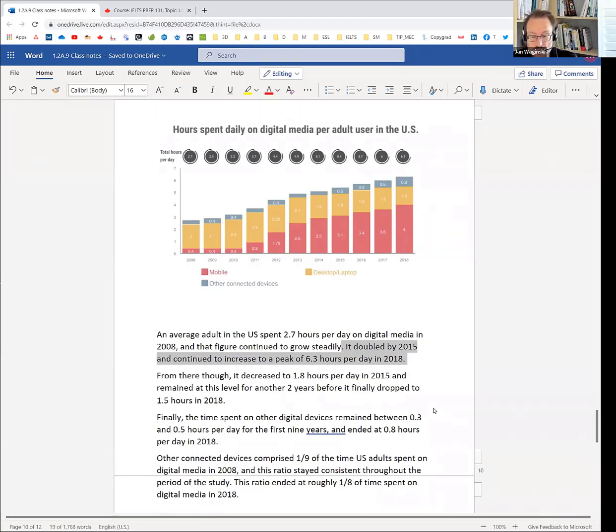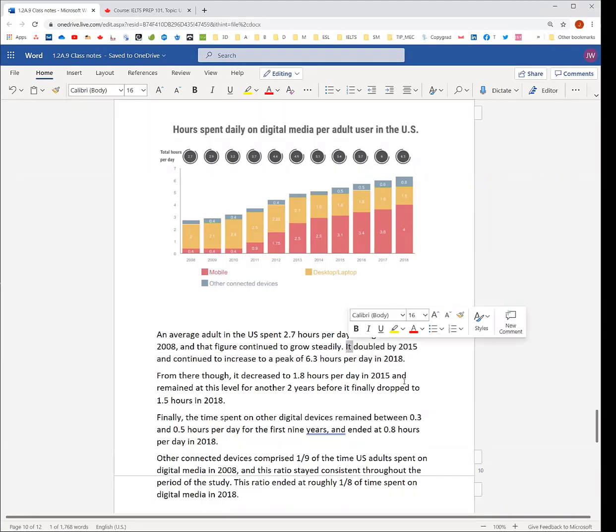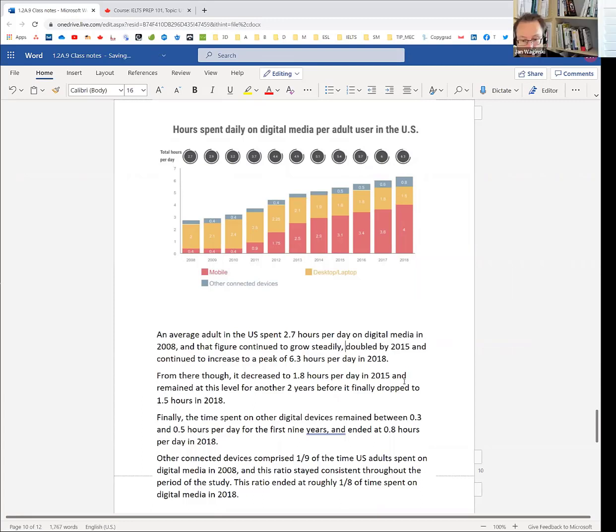It's exactly the same principle. Start by deleting the subject and transform the verb into either an active or passive participle. Get rid of any auxiliaries. Yeah, while doubled by. You don't need any other word. Remove it. Good. And we're gonna put a comma here.